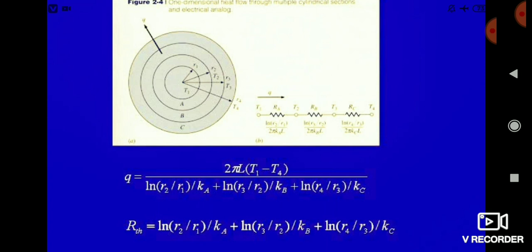But in the case of the second cylinder, the outer radius of the first cylinder, R2, is equal to the inner radius of the second cylinder, and R3 is the outer radius of the second cylinder. Similarly, R3 is the inner radius of the third cylinder and R4 is the outer radius of the third cylinder. This process will continue again and again.